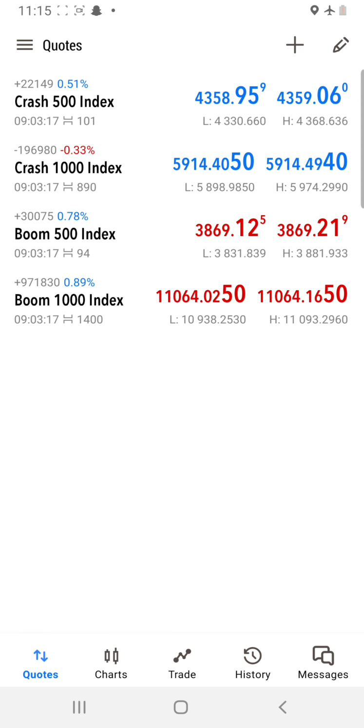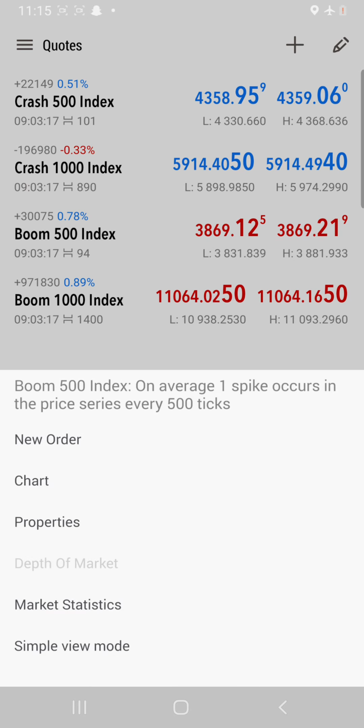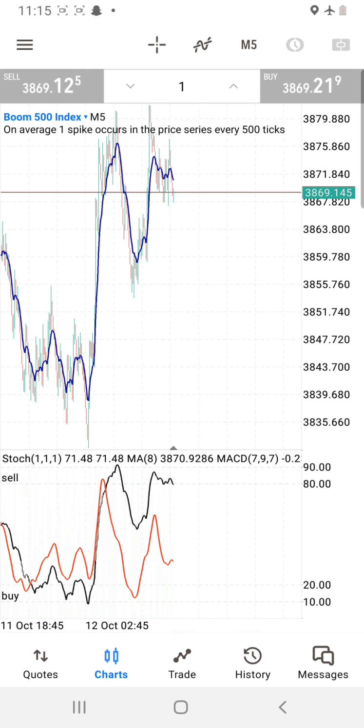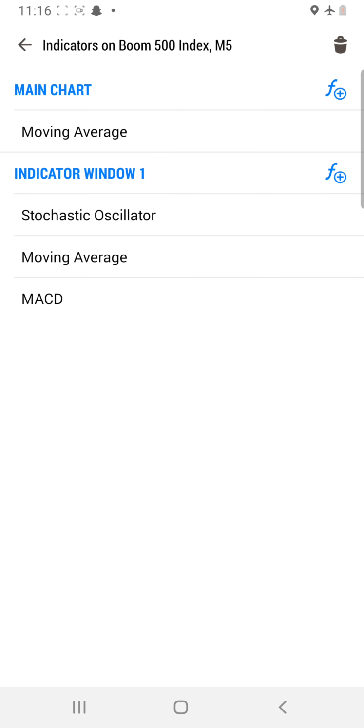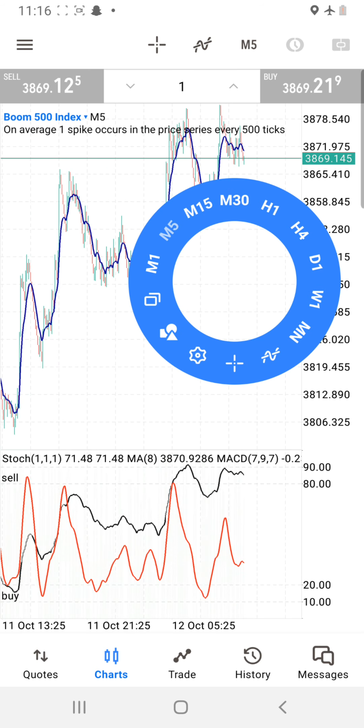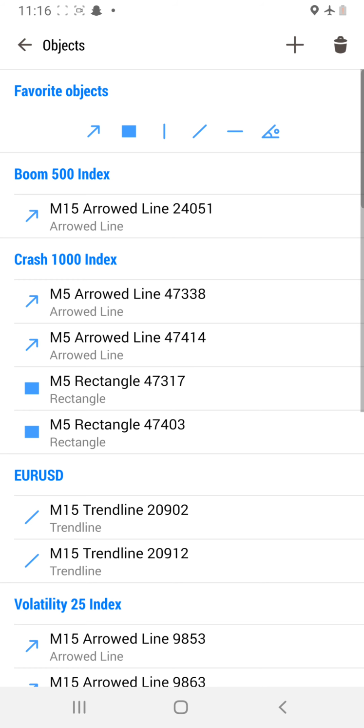Let's take a look at Boom and see if you can get the same type of setups. Yes, of course you can. Now I want you to see this trade. If you just start trading from your 5-minute time frame, you're going to make this mistake.